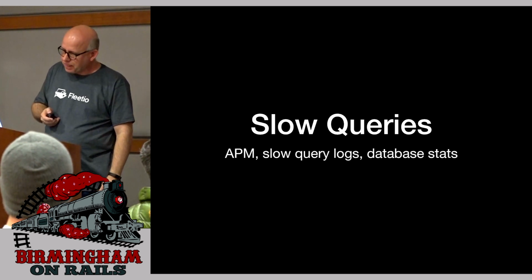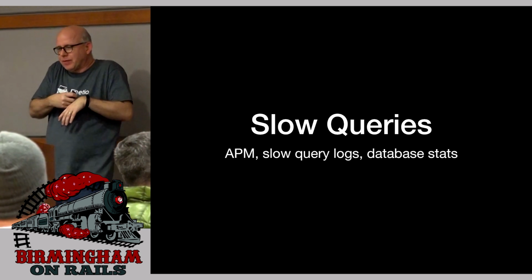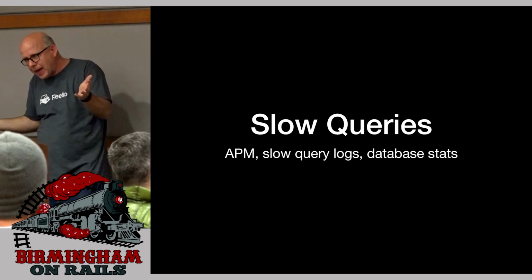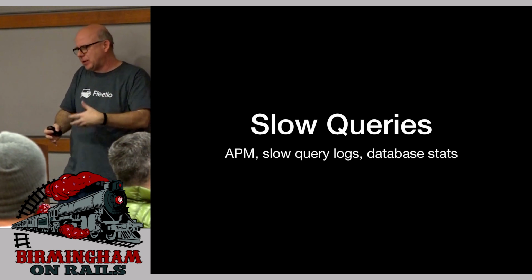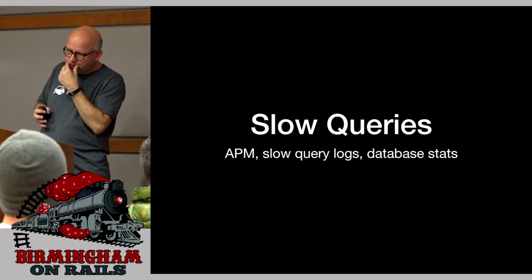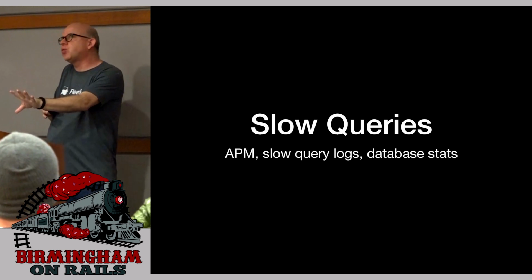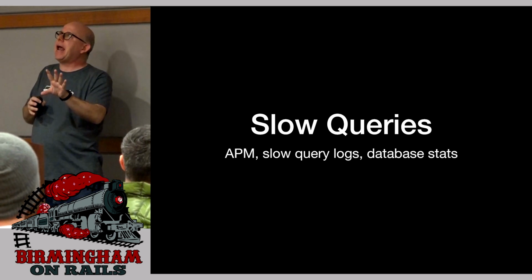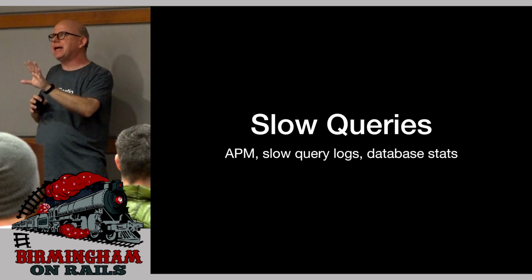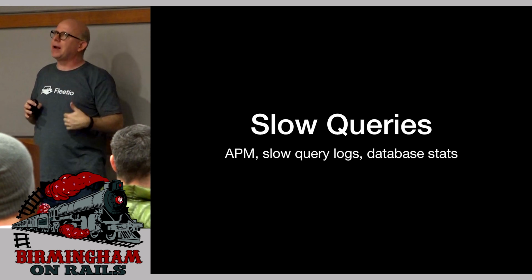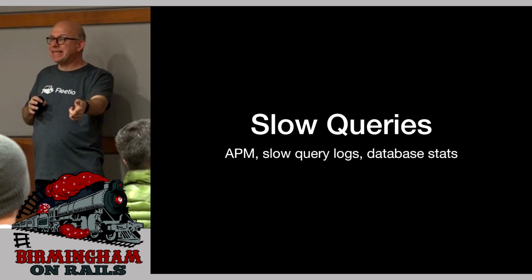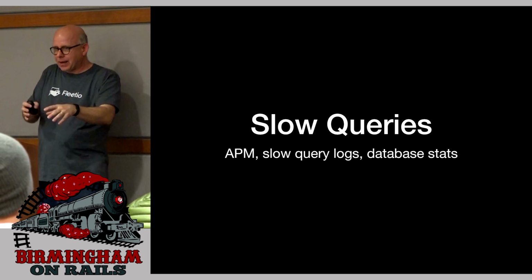Slow queries. The APM tools give us all kinds of ways to look at slow queries. There are slow query logs in every database. Most databases will have stats, like we talked about already, pg_stat_statements, and Craig mentioned those earlier. But the thing about looking at it this way, instead of as an endpoint or a job, is that it helps us see database performance problems related to cross-cutting concerns that you can't see when you just look at one endpoint, like permissions.